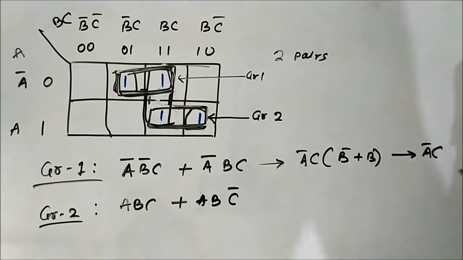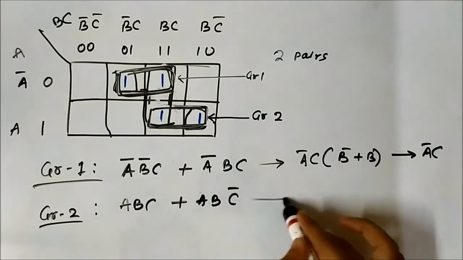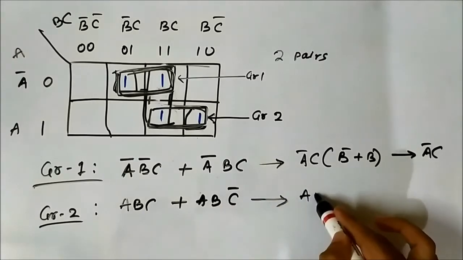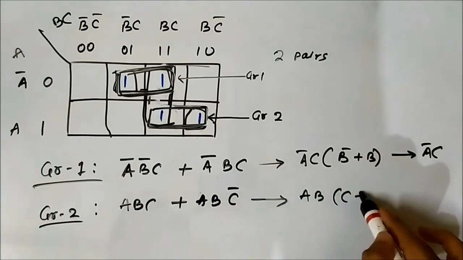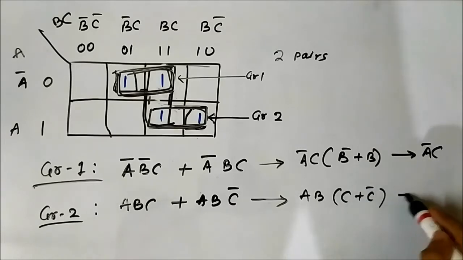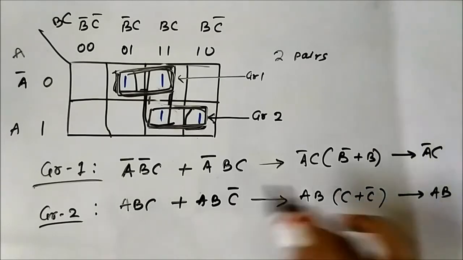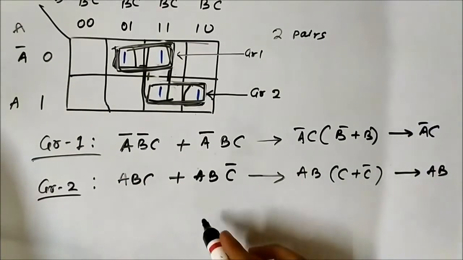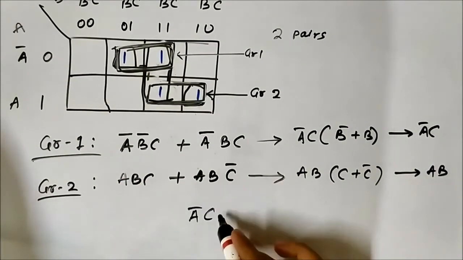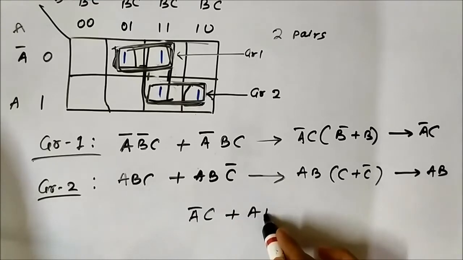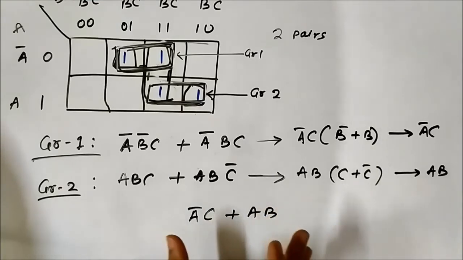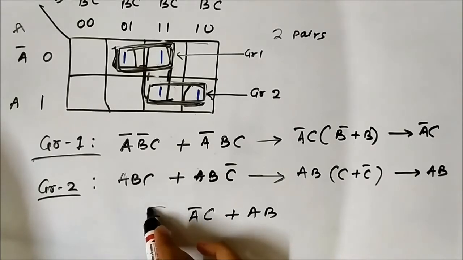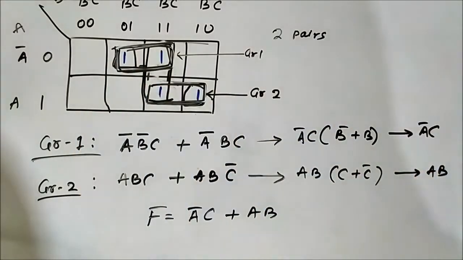A bar C is the common term in group 1. And here AB is common, AB into (C plus C bar), so it is AB. So the minimized Boolean expression will be A bar C plus AB. Here there are no more common terms. This is the minimized Boolean expression for this K-map.